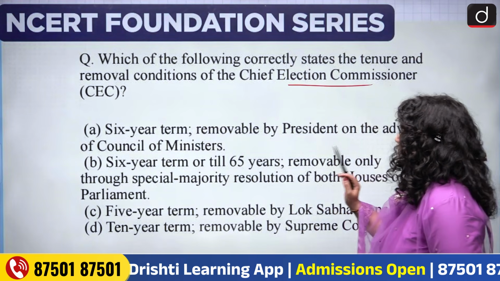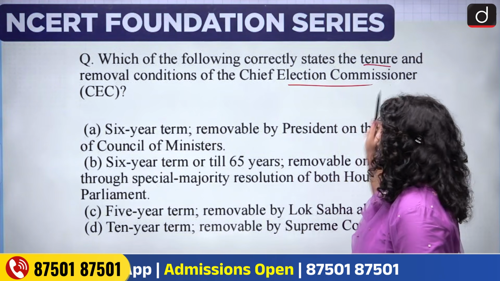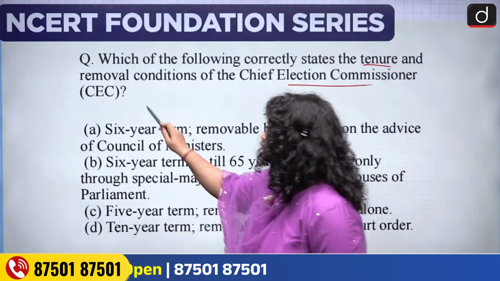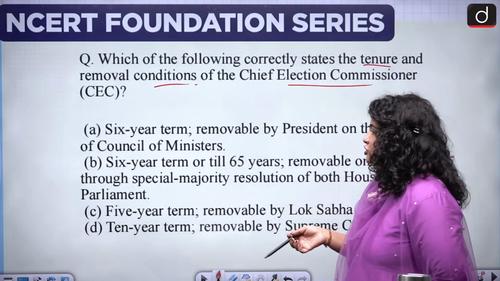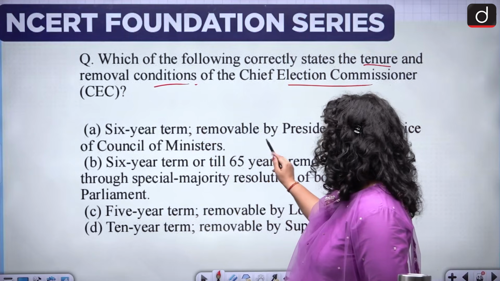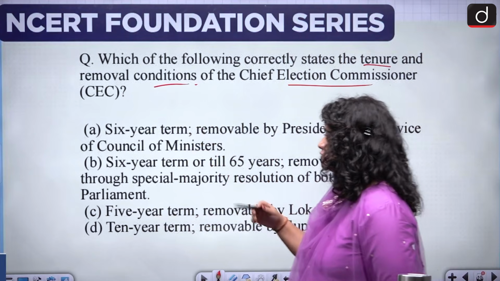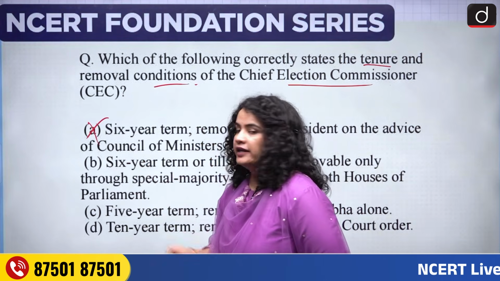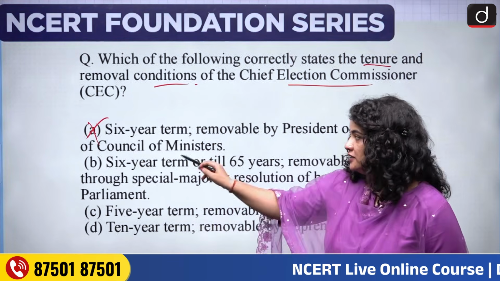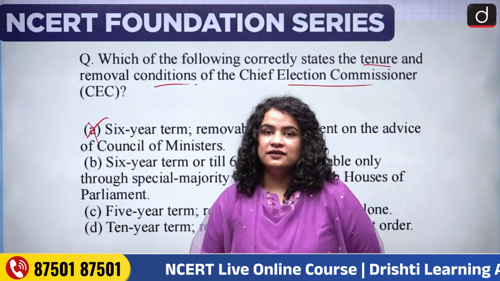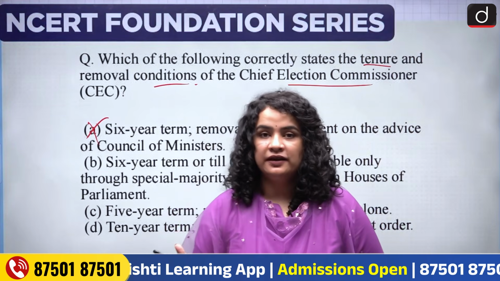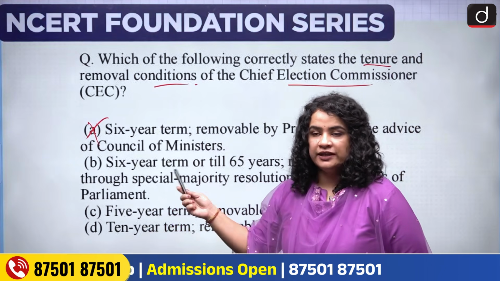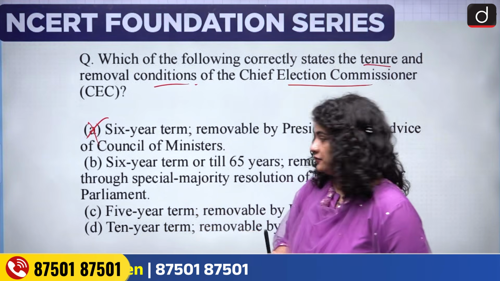So let's correctly talk about the tenure and the removal conditions of the Chief Election Commissioner. Option A says 6-year term, removable by President on the advice of Council of Ministers. No, this is in fact not correct. Imagine if this were the case, then the Election Commission would actually lose its independence, because then they would be subject to the influence of the executive.